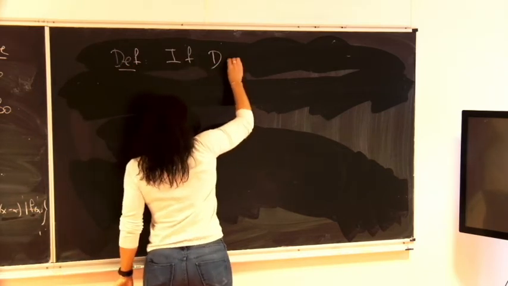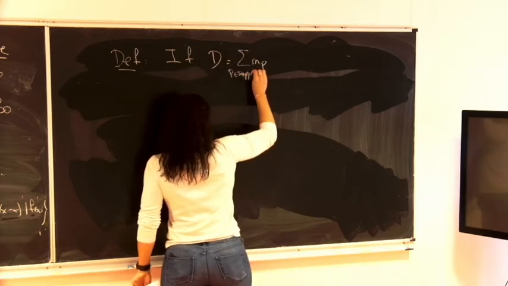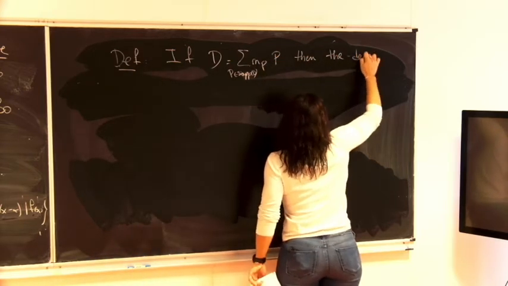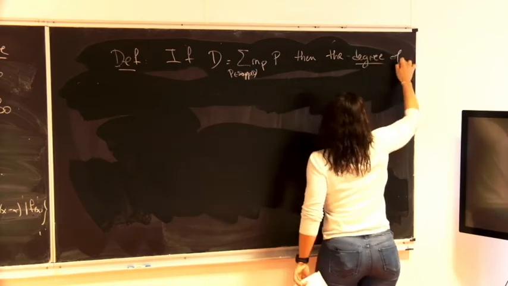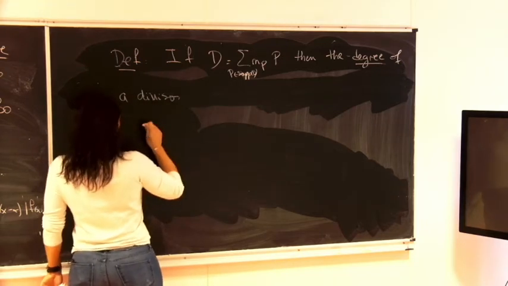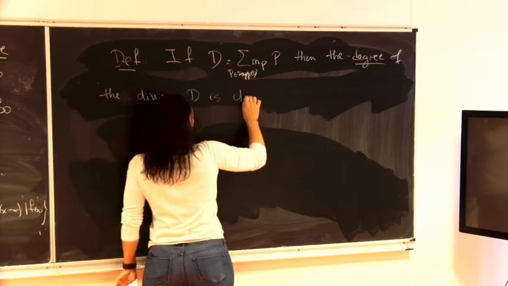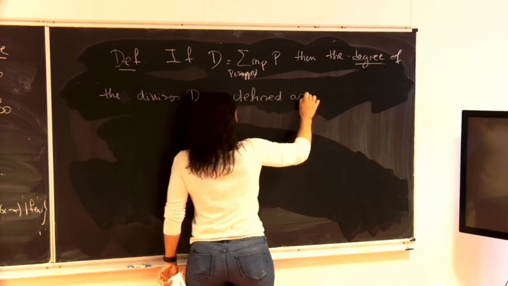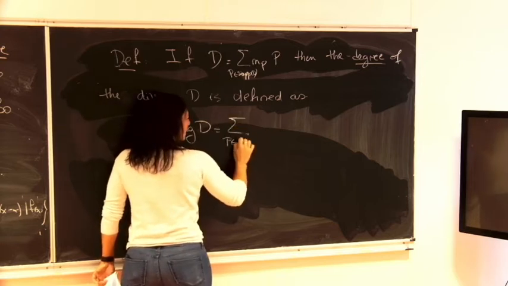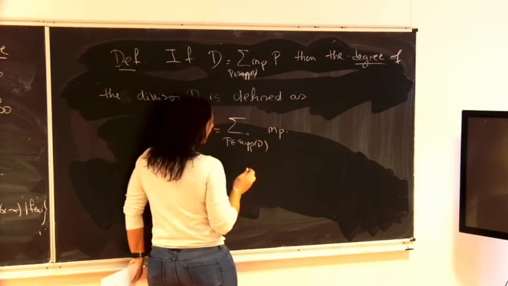If D is the sum of n_P times P, for P in the support, then the degree of the divisor D is defined as deg D, the sum over all the places in the support of n_P times the degree of the place.